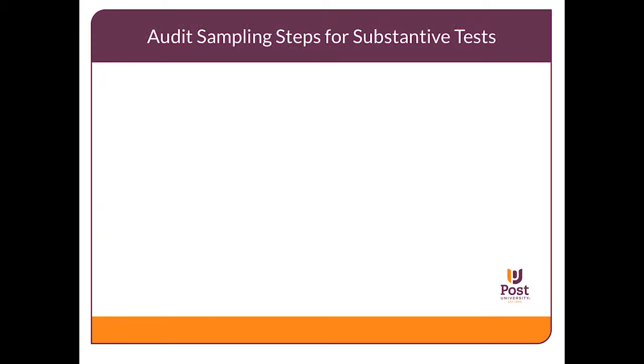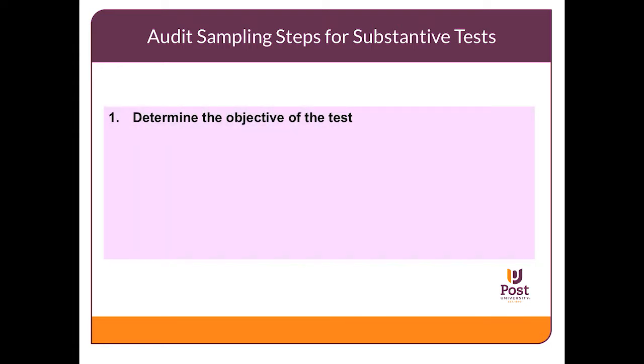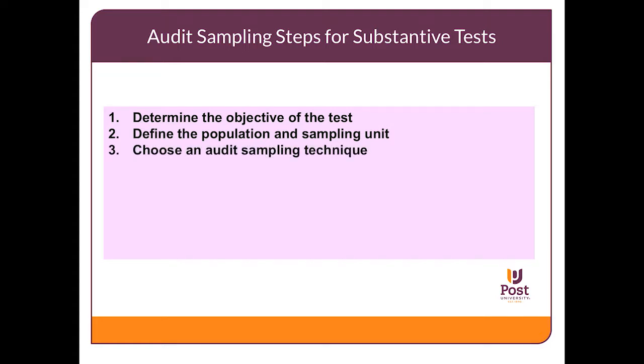We now will go over an example of classical variable sampling, mean per unit estimation. Here are the steps. 1. Determine the objective of the test. 2. Define the population and sampling unit. 3. Choose an audit sampling technique. 4.